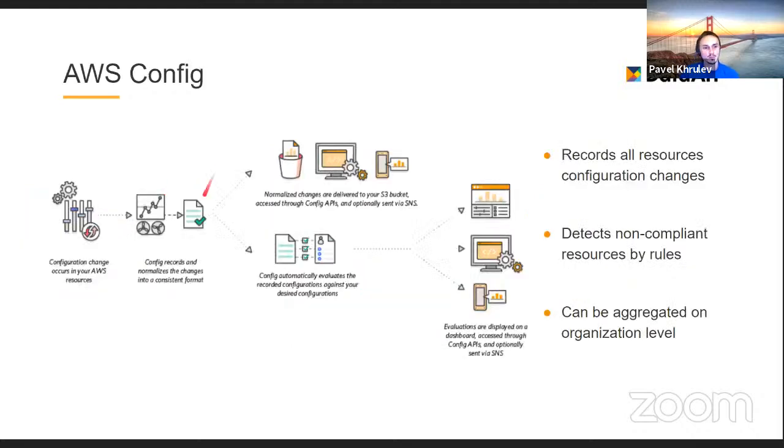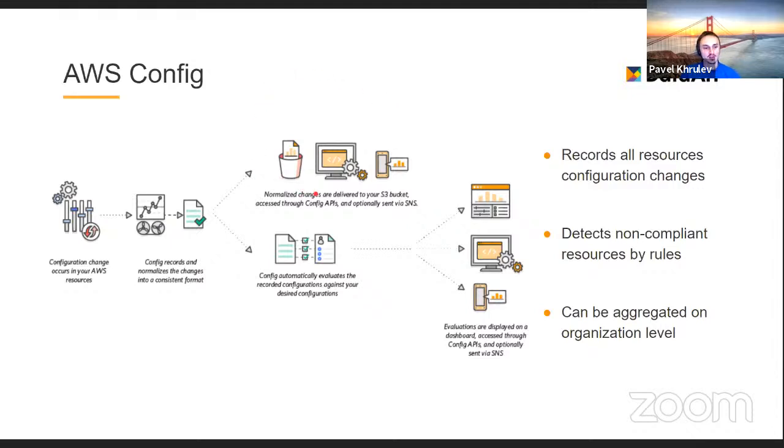The next important service is AWS Config. AWS Config simply records all configuration changes of any of your resources in AWS. It records the resource, normalizes it, and uploads it to, for example, an S3 bucket, or it can be accessed through Config APIs, and it can be sent to SNS or SQS.